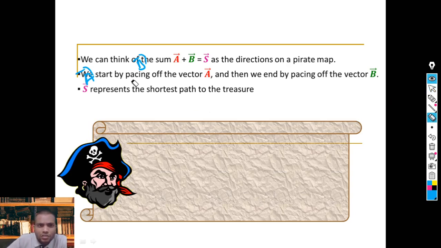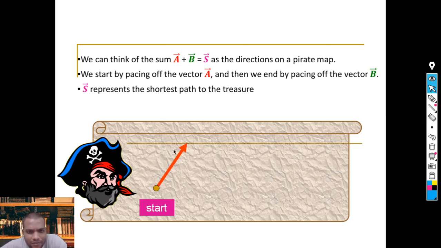Let us take a situation to represent the vectors. Suppose I am a pirate. I started here to find some treasure. First I moved along this direction, that is A bar. Then I moved along the B bar direction, and that is the end.